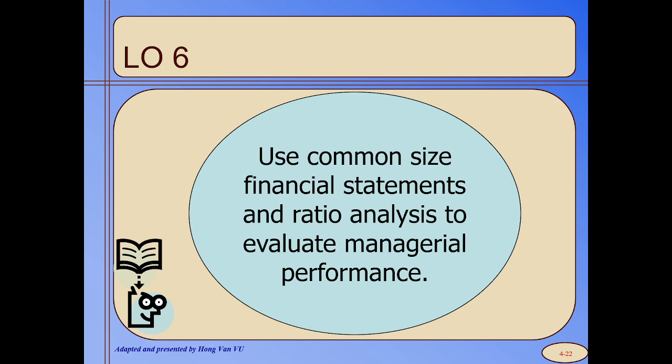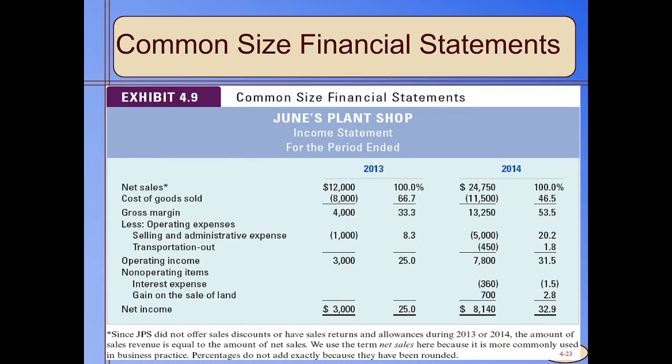So now we look at another topic. We use a common size financial statement and ratio analysis to evaluate managerial performance. So what does the common size financial statement mean? This contains the company's 2013 and 2014 income statements.